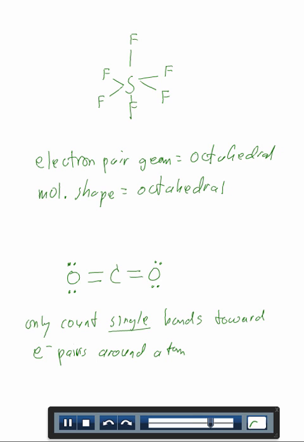So carbon has one single bond here, another single bond there, so it only has 2 electron pairs around it. We don't count the second bond. So with 2 electron pairs, that would be a linear arrangement. So carbon dioxide has a molecular shape of linear. Carbon dioxide would be linear, whereas water has a bent shape.